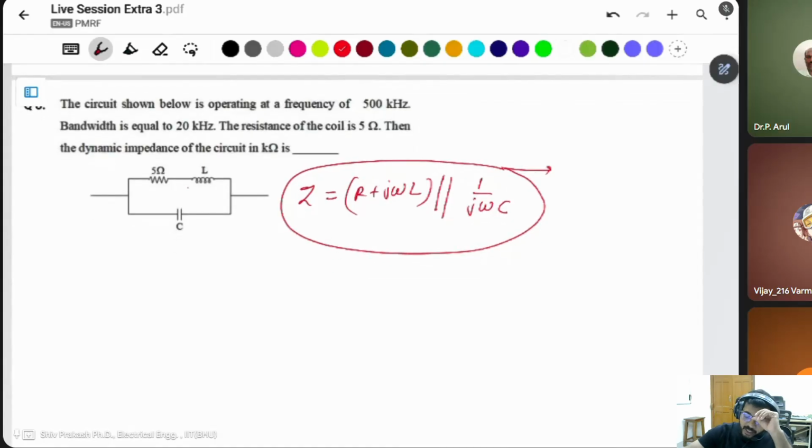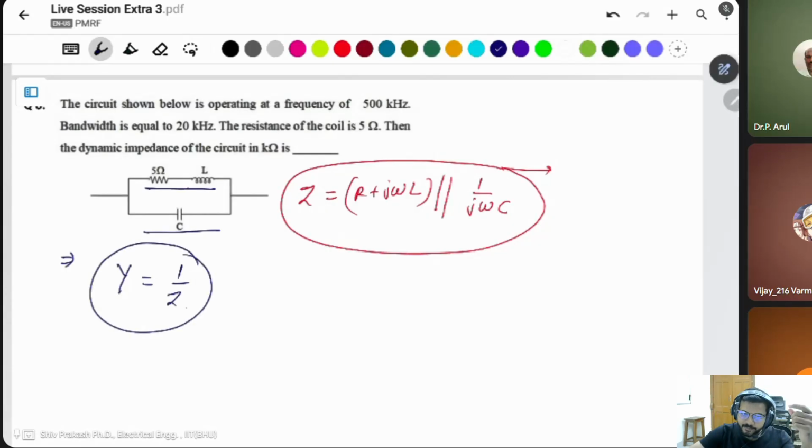If there is a parallel circuit connected, a resistance and a capacitor, then in place of impedance, simply find the admittance. You know the admittance is 1 by Z.